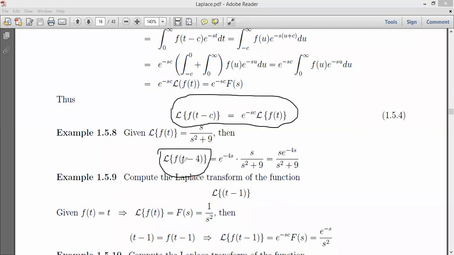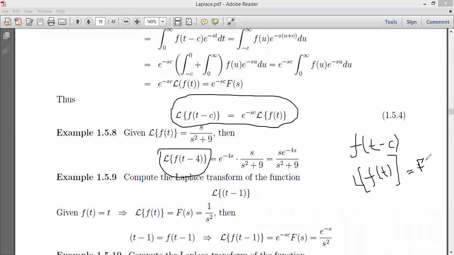So in simplicity, if you have a function of say t minus c, then the question is, can you extract the f(t)? Once you can get the f(t), you compute the Laplace of this, which will be the F(s).